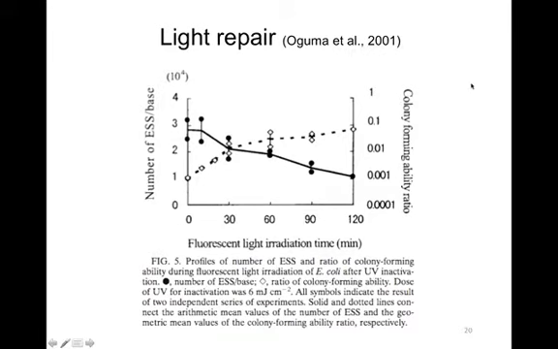So if you look at it, in terms of log inactivation, after 120 minutes of exposure to fluorescent light, 10% of the E. coli were viable, compared to initially only 0.1% of the E. coli being viable. So all these E. coli in between regained their culturability.